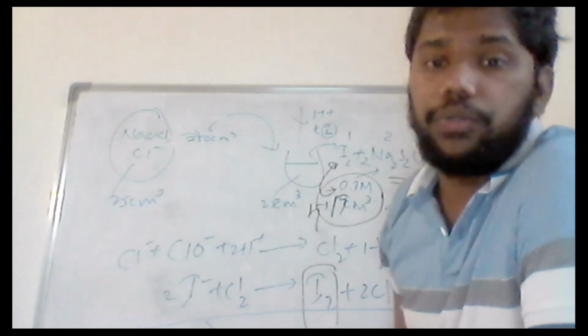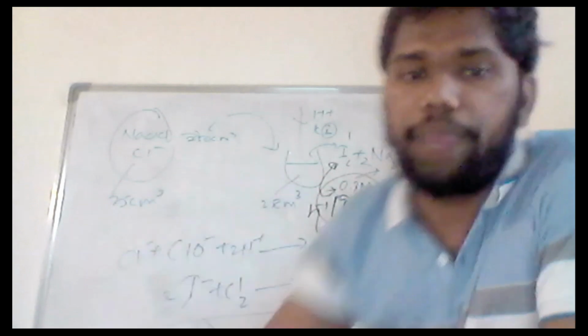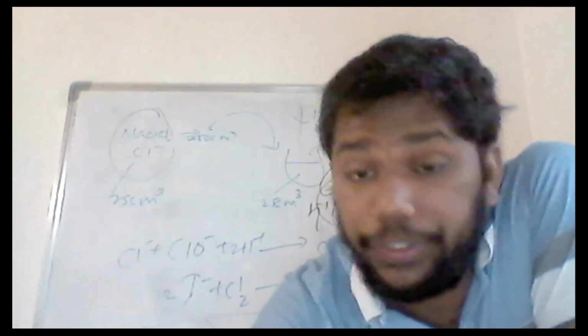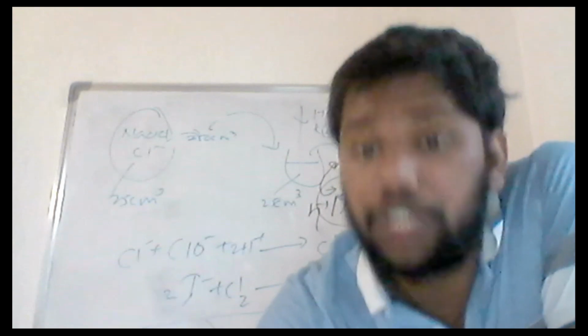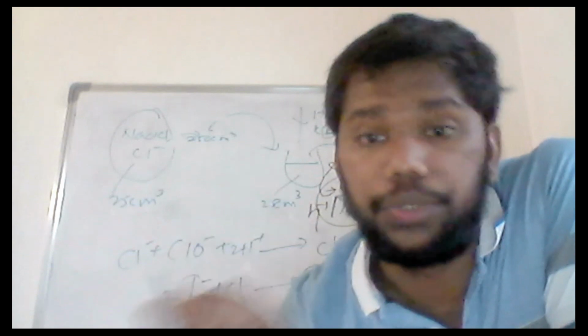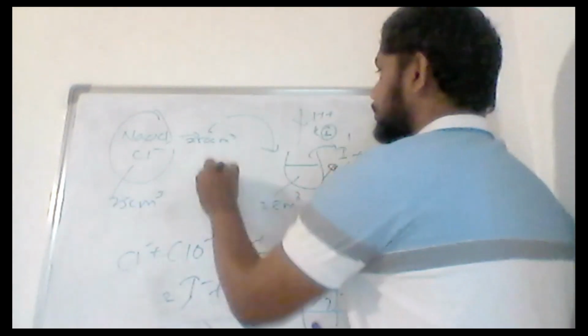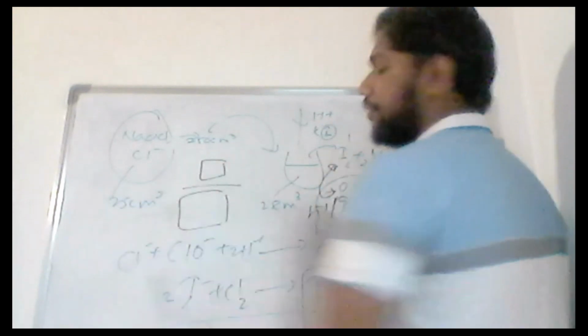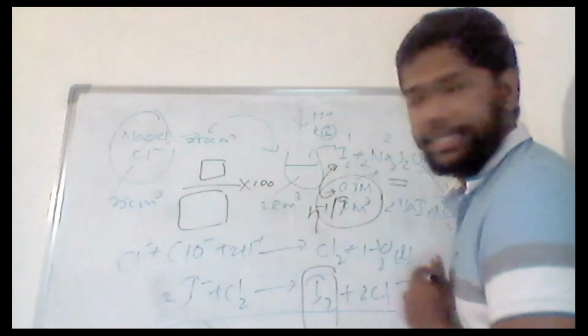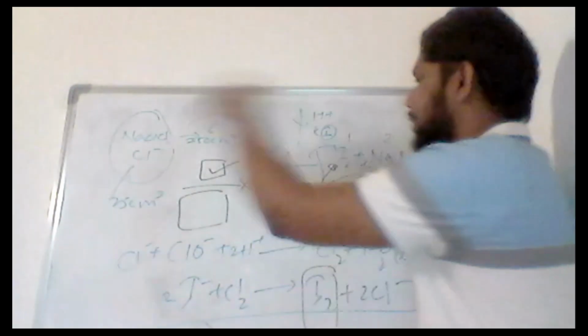And then, once you know the mass of Cl2, you need to show that as a percentage. So to show the percentage, you need the mass of the solution, the bleaching solution. So you know the weight of Cl2. You need to know the weight of the solution, then you need to multiply it by 100 to get the percentage. You know this from this calculation.